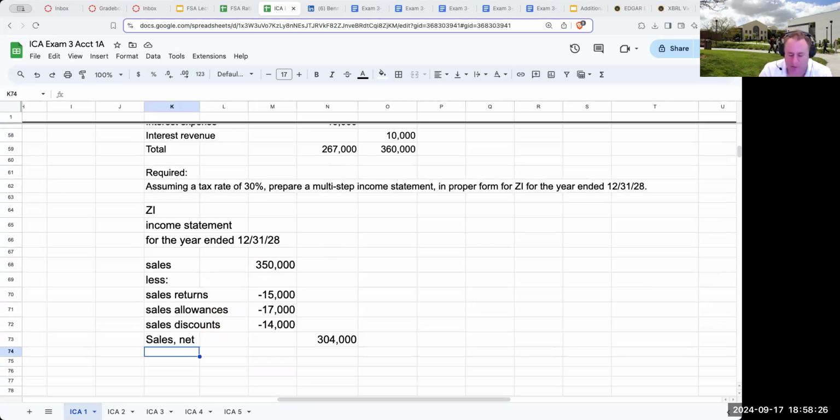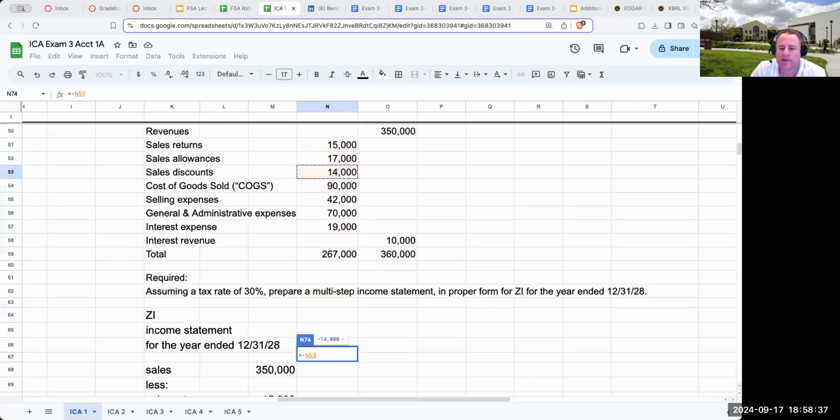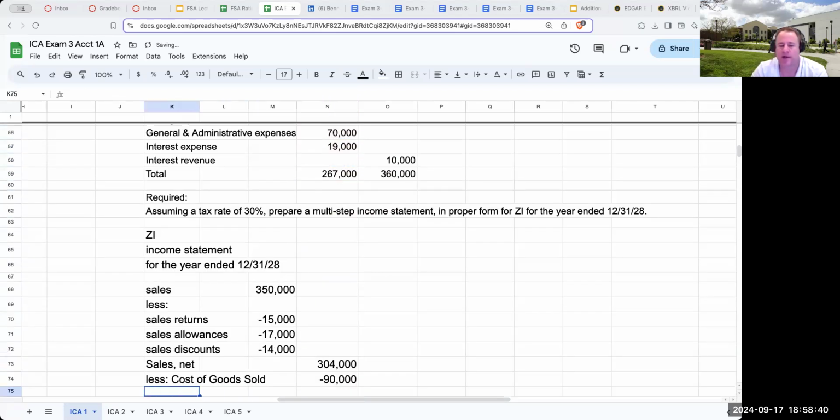Now what I need to do is say less cost of goods sold. How much did those sales cost me? Remember, I'm selling inventory. So I'm going to come over here and see, oh, cost of goods sold was 90,000.